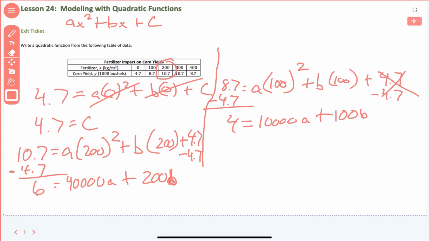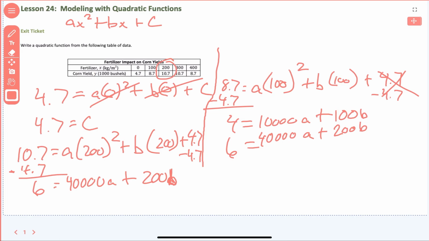We have a system here. We need to solve for A and B. So let's rewrite this over here and line them up. You can do it by substitution or elimination. Remember these? These are not fun at all.